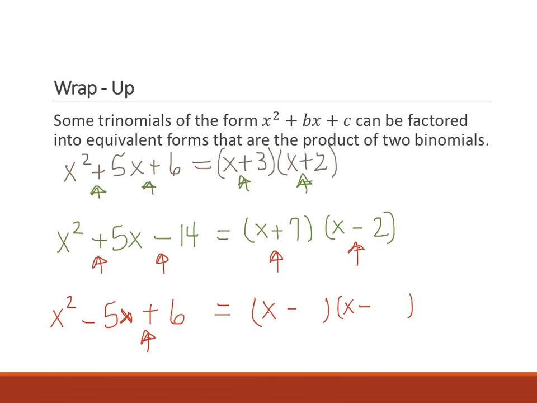So the two numbers that multiply to give me 6 but add to give me 5 would be 3 and 2, but they're both going to be negatives. I can always check my work by multiplying the two binomials to ensure that their product is equal to the original trinomial.